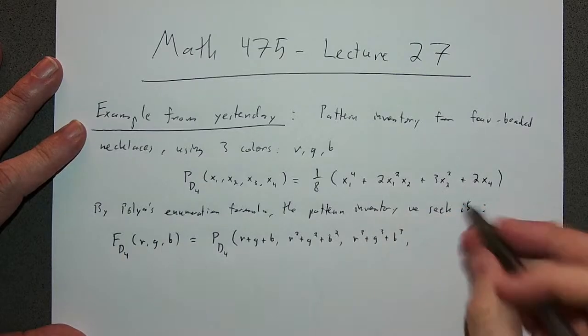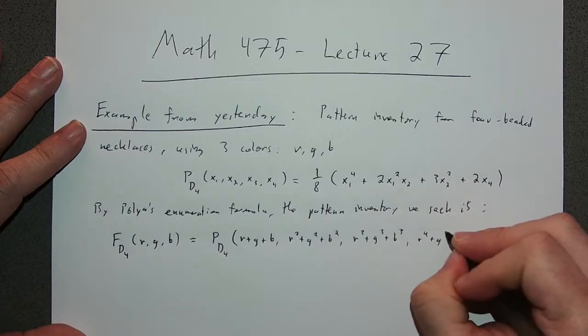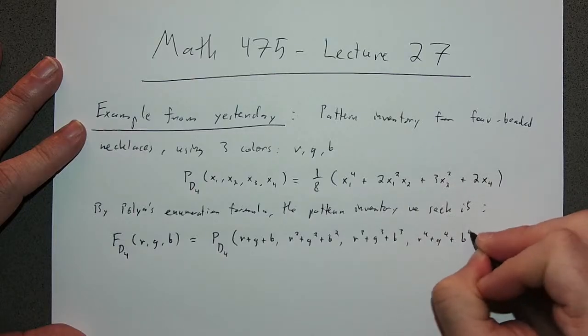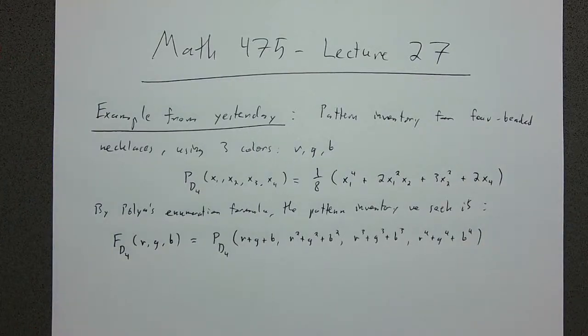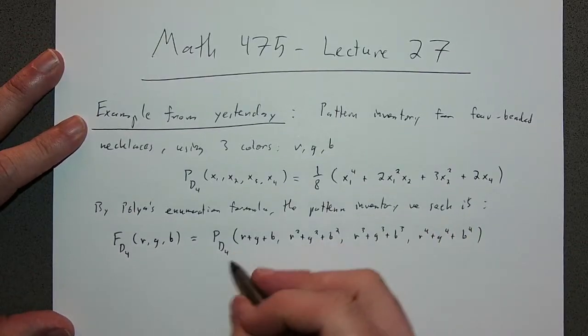And into the last slot, I plug the sum of the fourth powers. Now, yesterday I wrote out what the final form of this is, but there may be confusion as to what was actually done here. So I cut out all of the algebra that would have been done to arrive at this. But let's see what I mean here.